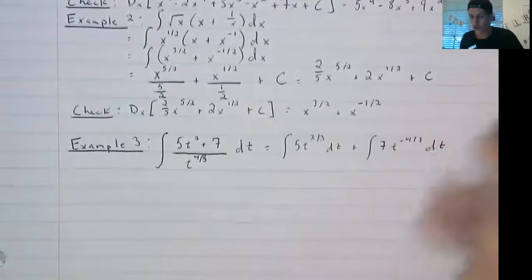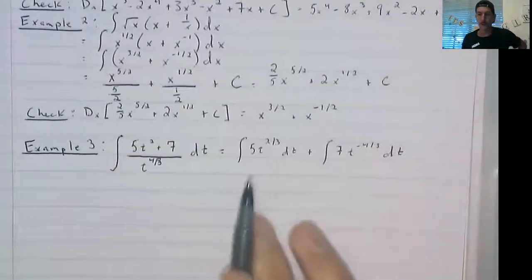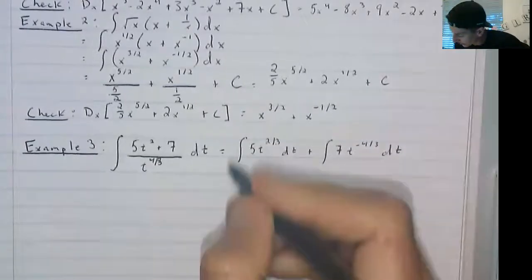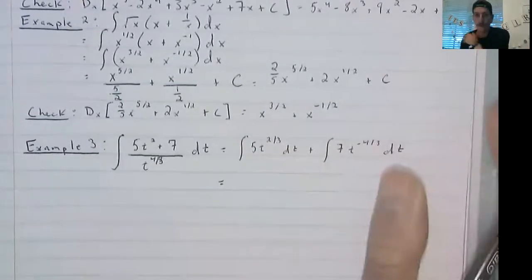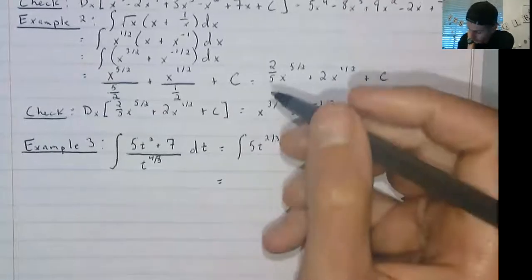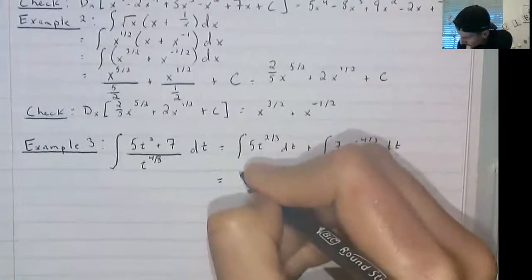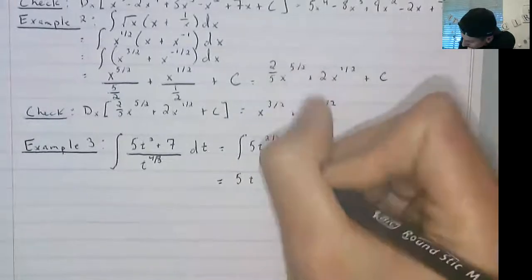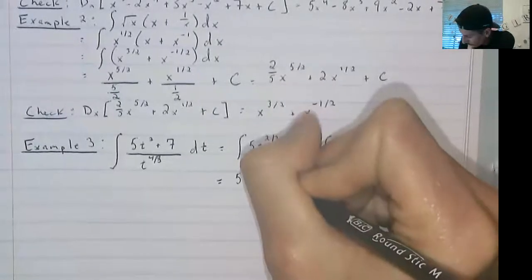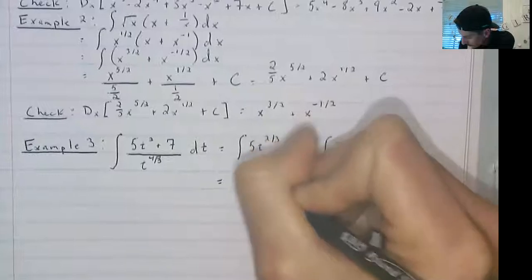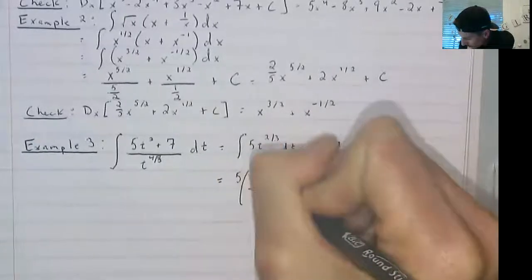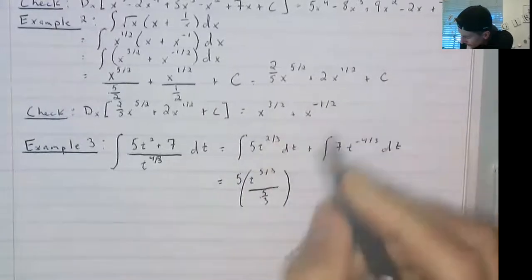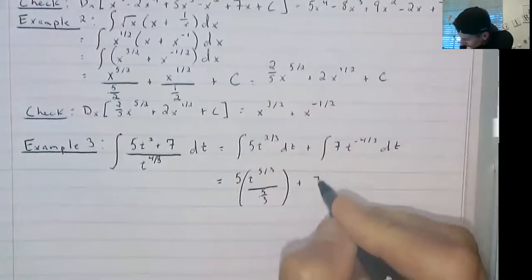And now we can apply those power theorems to find these antiderivatives. Not the neatest situation, but we can make it work. This turns into 5 times t to the 5/3 divided by 5/3, plus 7.